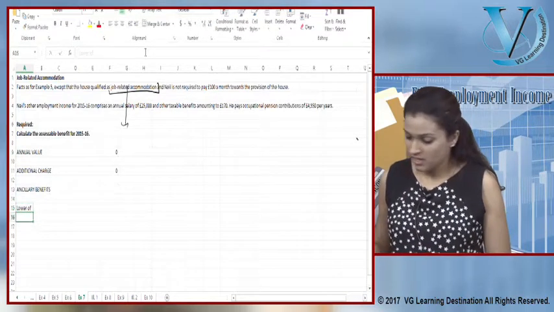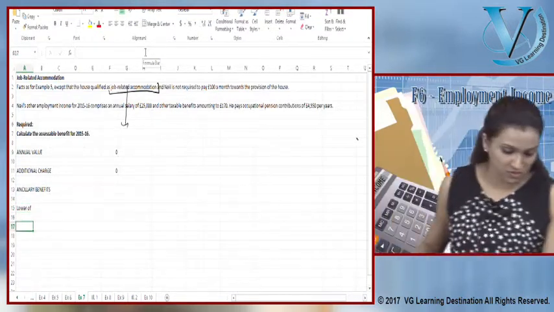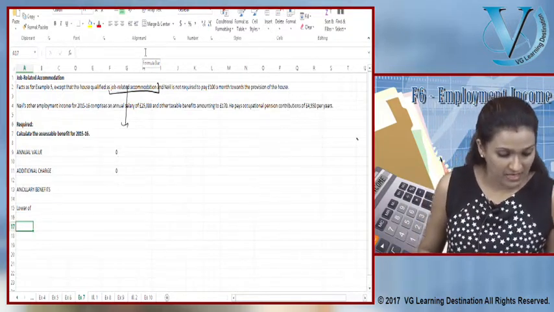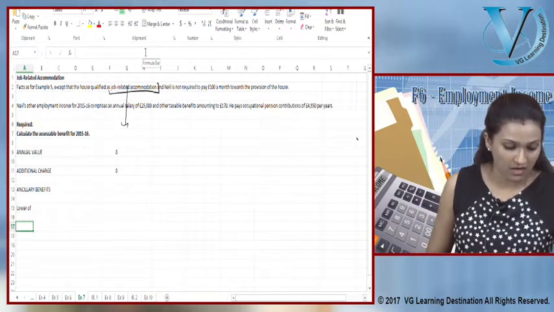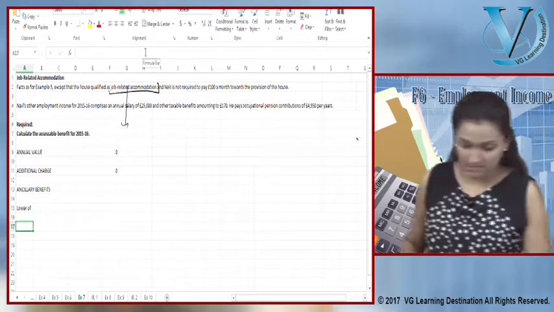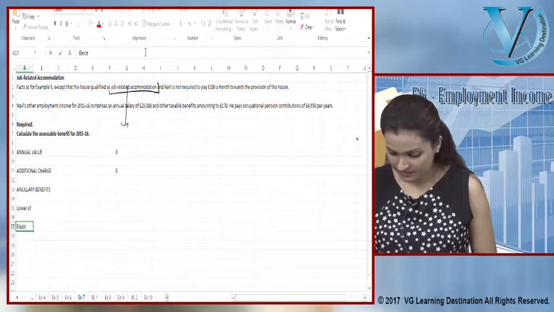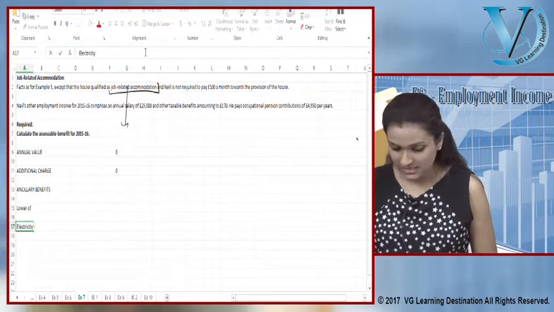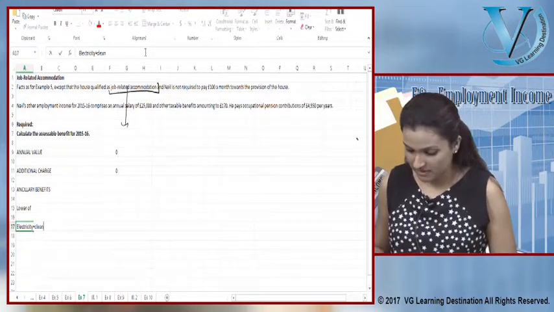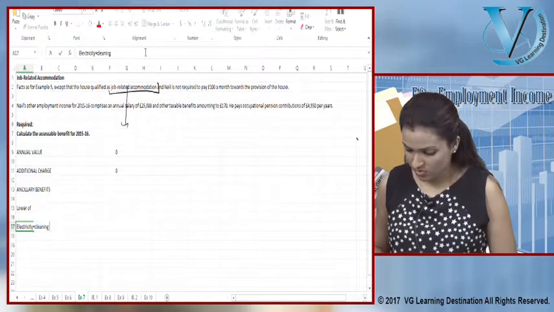Lower of what? Lower of the remaining benefits, which is how much? What are the remaining benefits? The remaining benefits as per your question becomes electricity plus cleaning and maintenance. Remember, council tax becomes 0.